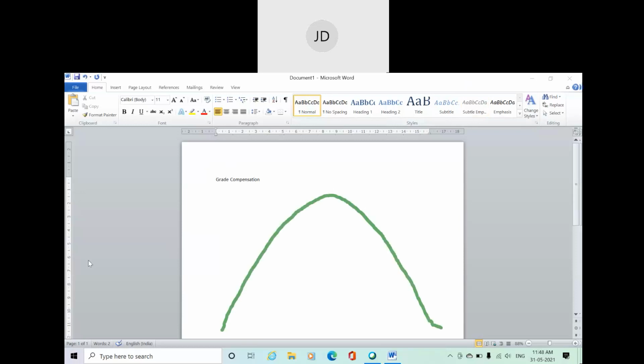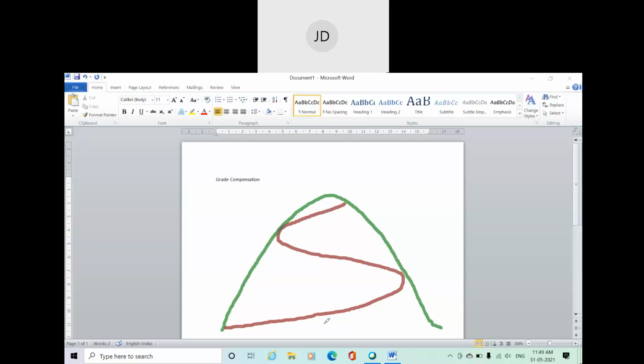Suppose this is a hill, and the track may be like this. For understanding, I have drawn this. So this is a hill. To travel from the lower point to the upper point, it requires gradient.